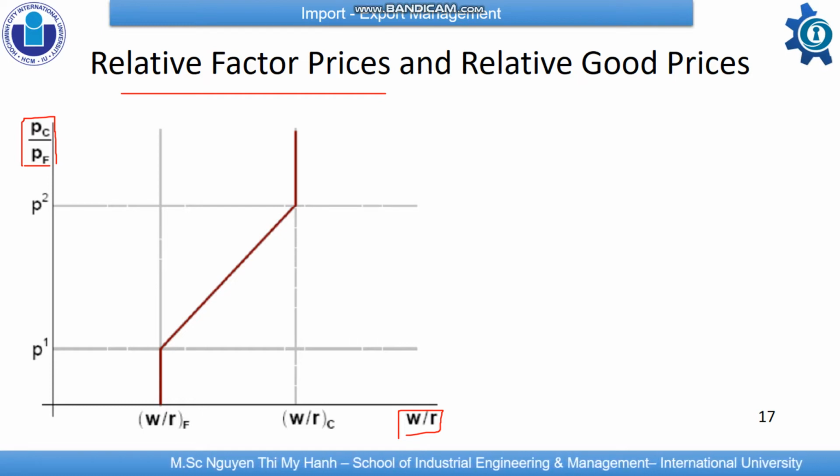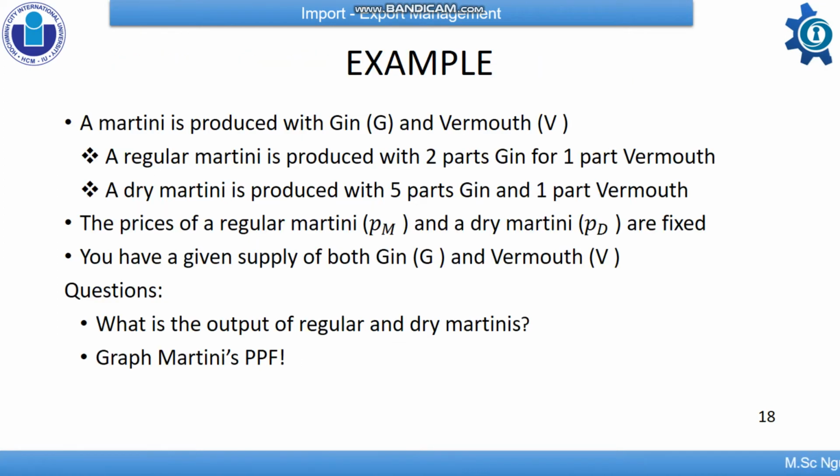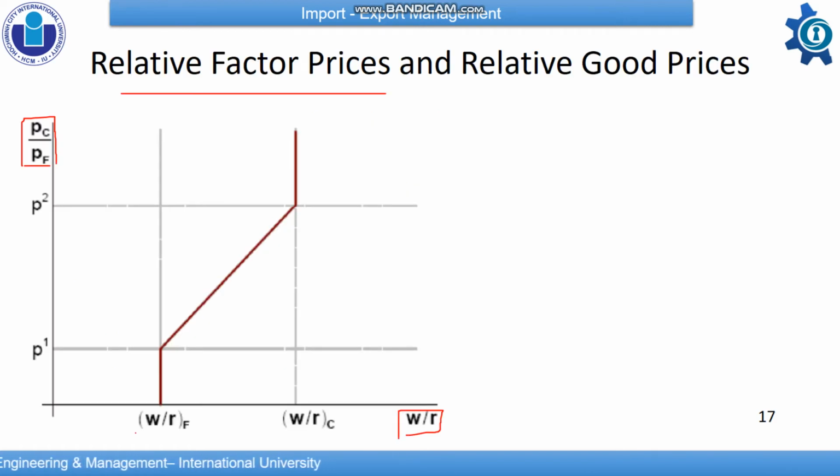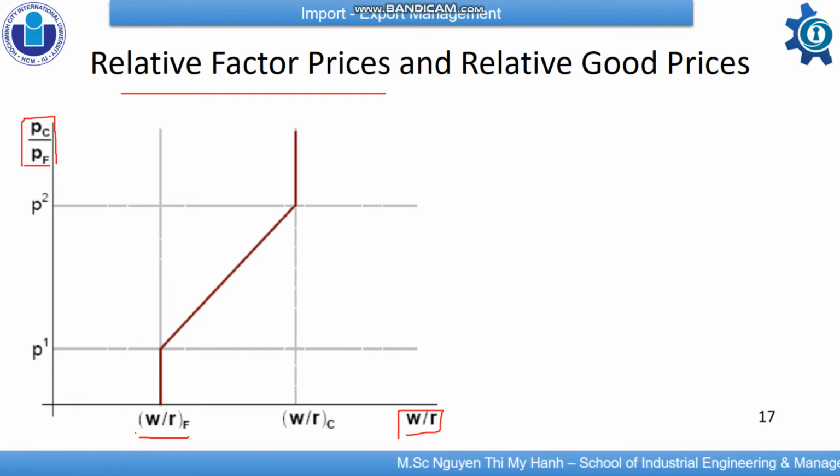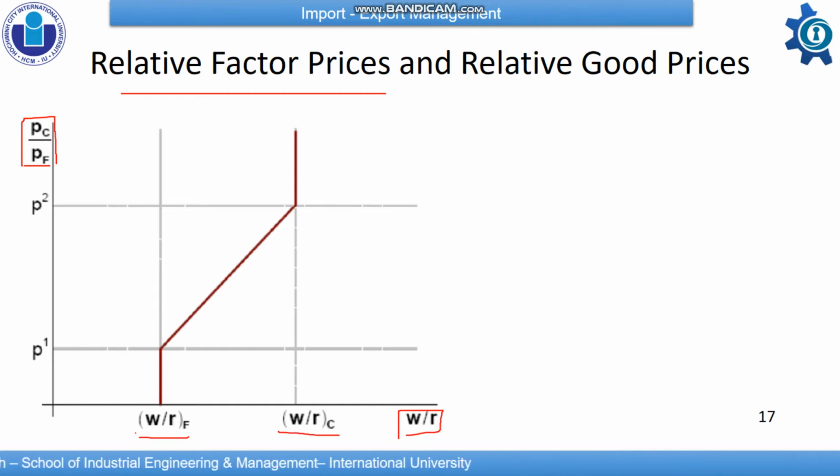So we can see here the first point we have is the relative price of labor to capital in food production, and the second point we have here is the relative price of labor to capital in cloth production sector.